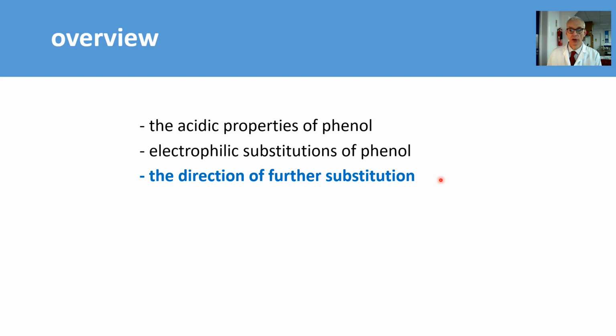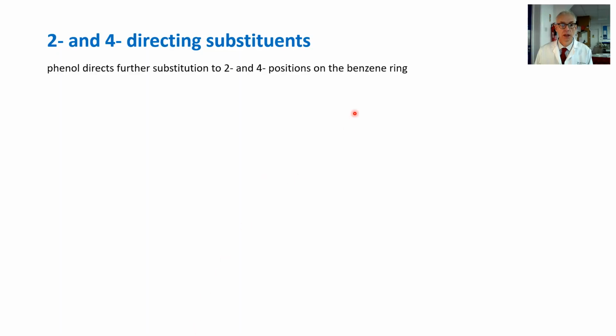So let's move on to discuss the position, the direction of second and third substitutions into the benzene ring. Direction of further substitution, by which we mean the direction of second and third substitutions.